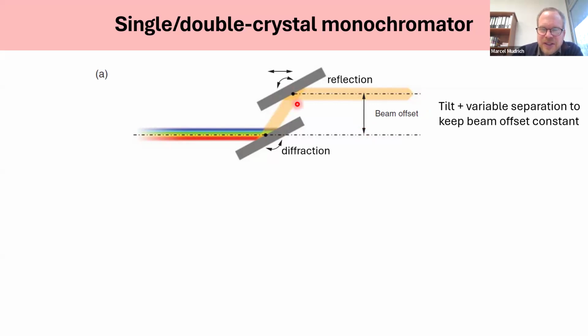So this is all incorporated in the mechanical devices that are used. And oftentimes either the grating or the mirror, or if it's two gratings, then one of them has a curved shape to focus the beam at the same time.